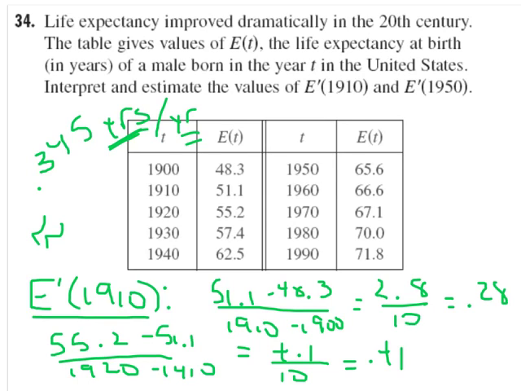In other words, at 1910, the life expectancy was going up about a third of a year. So from 1910 to 1911, you might expect one person on average to live about 4 months longer than someone's life expectancy from the previous year. Hopefully that makes some sense.